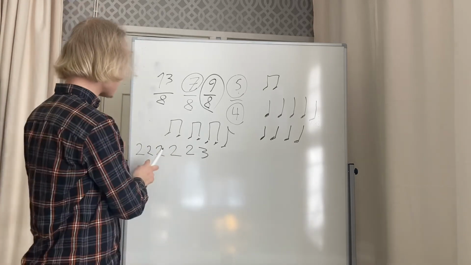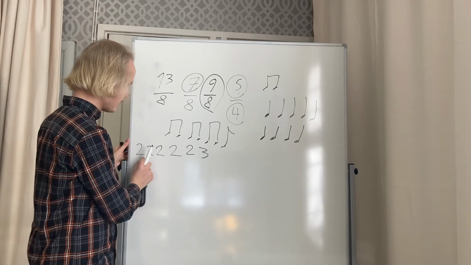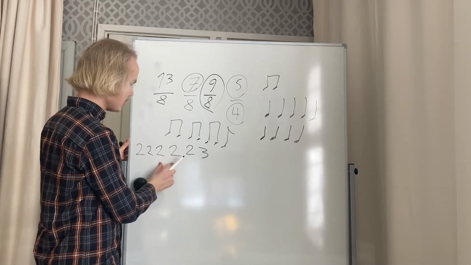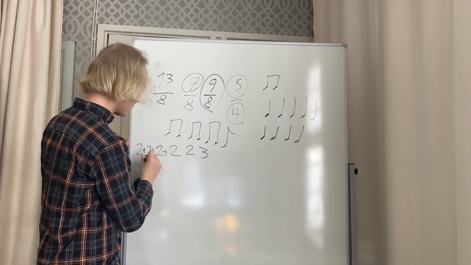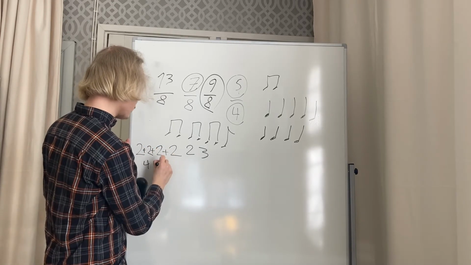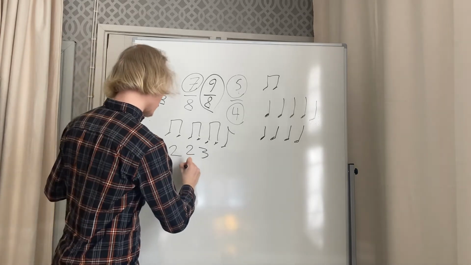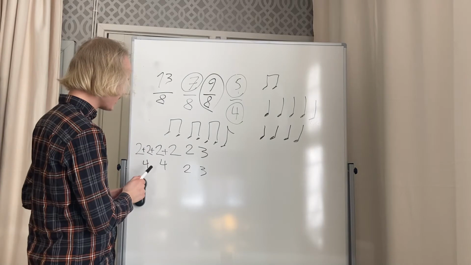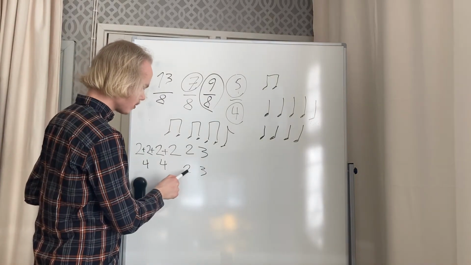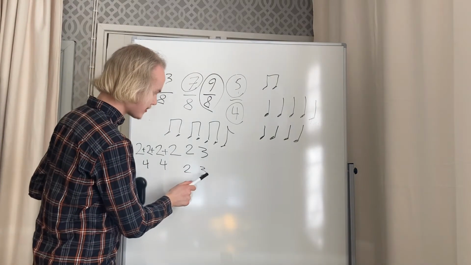So in this example, we can combine these 2s into 4s, like this. So we have two 4s, one 2 and one 3.